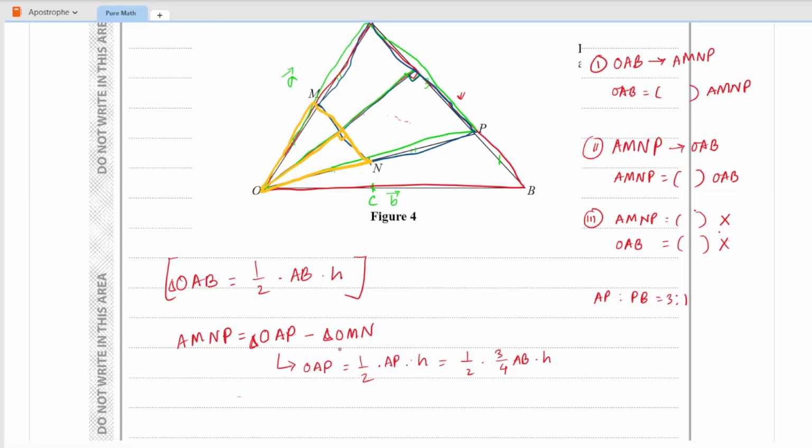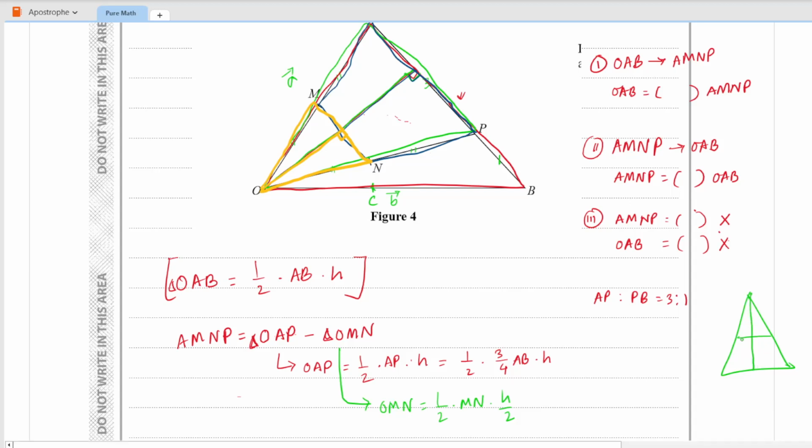And if we look at OMN, OMN is equals to half into MN into H/2. Just like I said, this one.